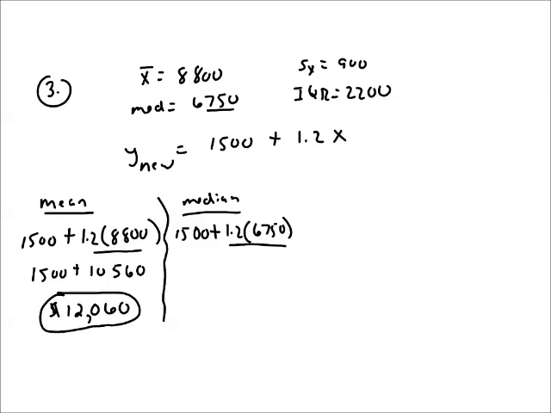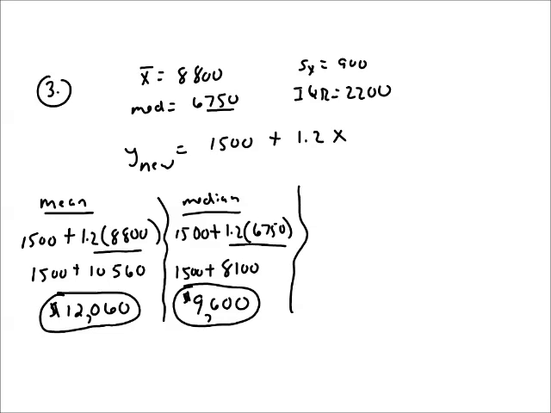So I do 1.2 times 6,750, and I get 8,100 plus 1,500 is 9,600. Standard deviation, 1,500 plus 1.2 times 900.